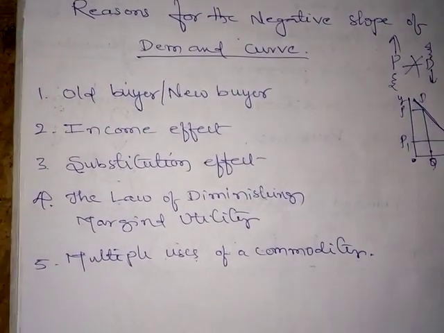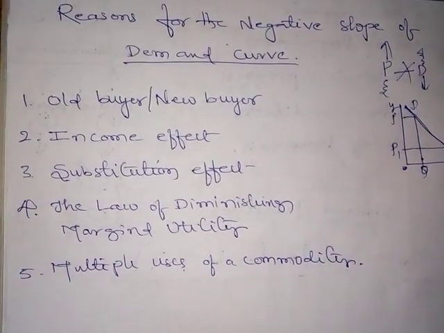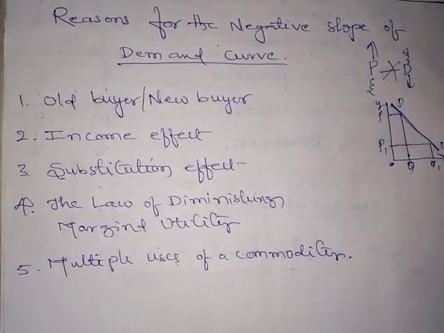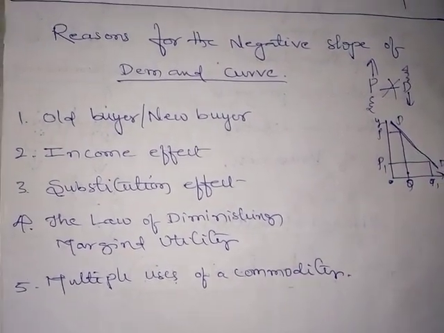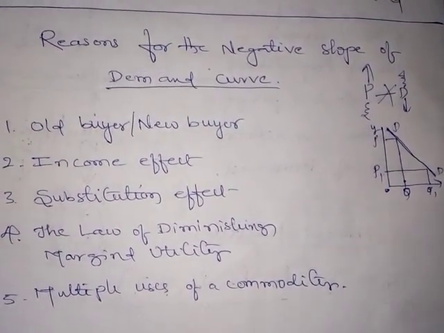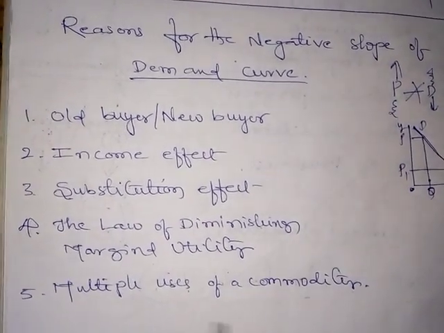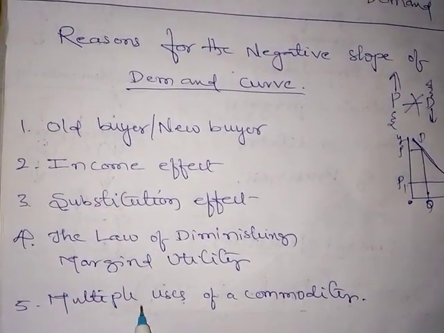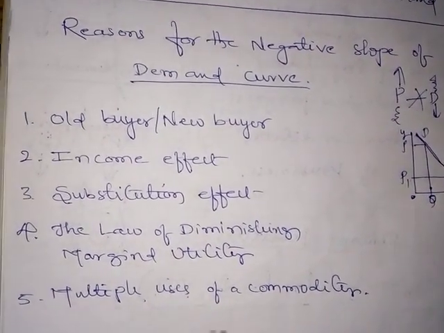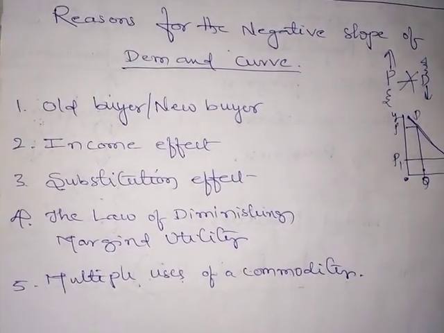Here we are going to understand the reasons for the downward slope of demand curve, or negative slope of demand curve. With the help of these heads, we are going to understand why demand rises with a fall in the price, why demand falls with a rise in the price.